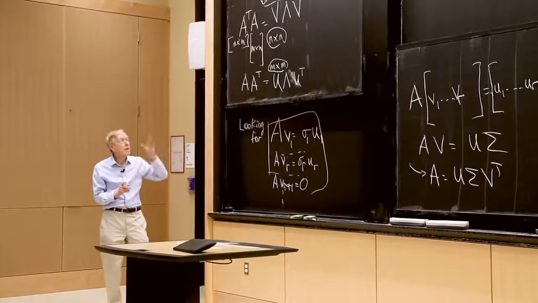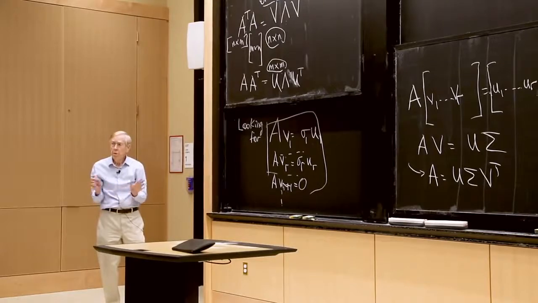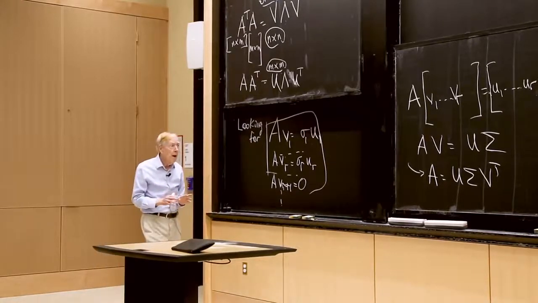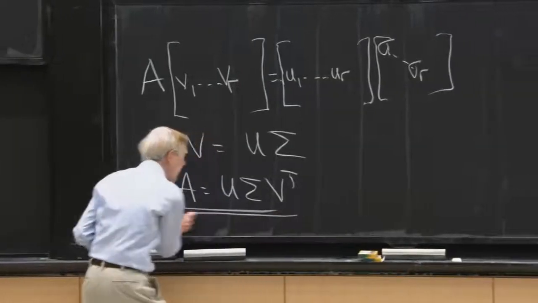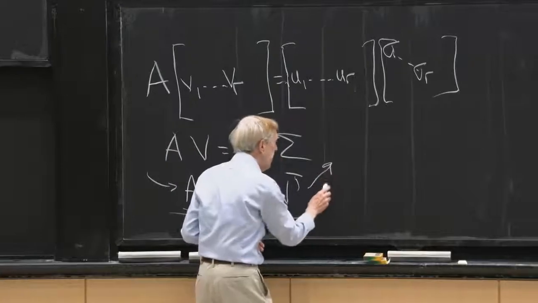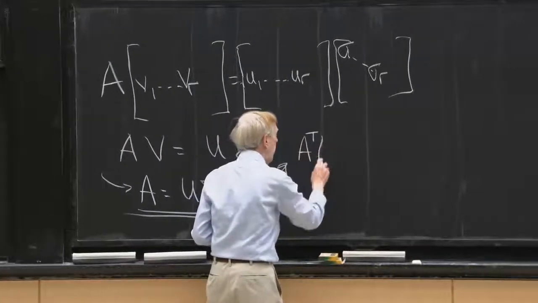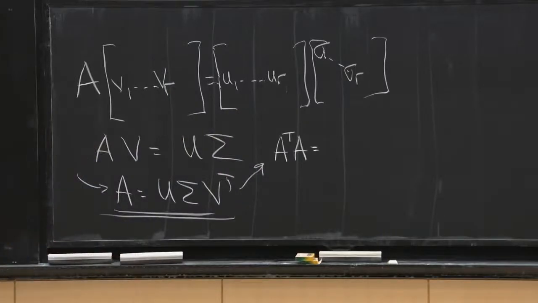Well, the cool idea is to think of A transpose A. So you're with me on what we're after. And now think about A transpose A. If this is what I'm hoping for, what will A transpose A turn out to be? So big moment that's going to reveal what the V's are.